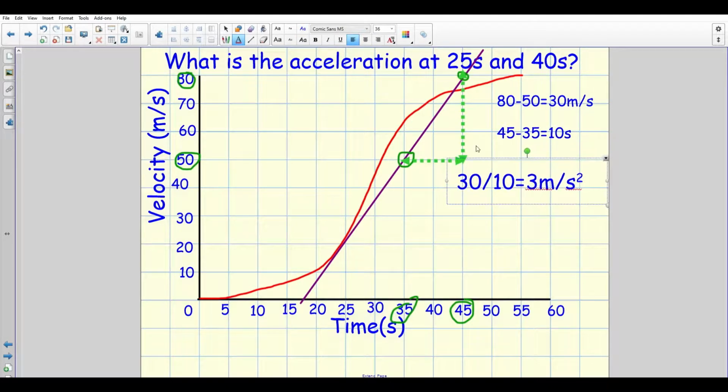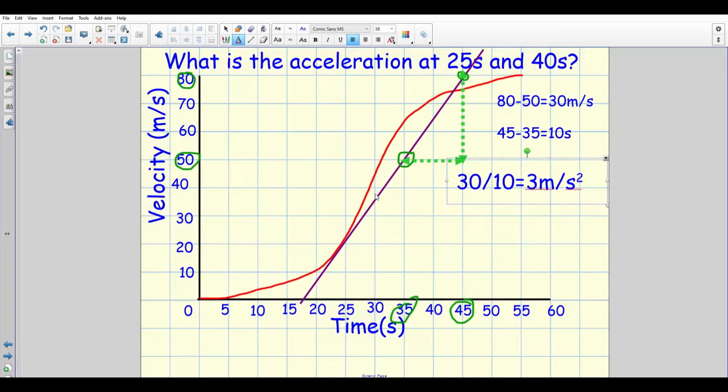You need to do the same thing for 40 seconds. So look at where 40 seconds is, and with your ruler, draw a gradient on. Find any two points where it crosses the lines. If it doesn't cross the lines perfectly, just estimate. I know the grid lines aren't perfect on here. So if I pick that point there, that's between 30 and 40, I'd say that's 35.